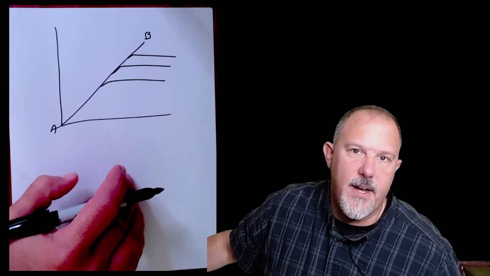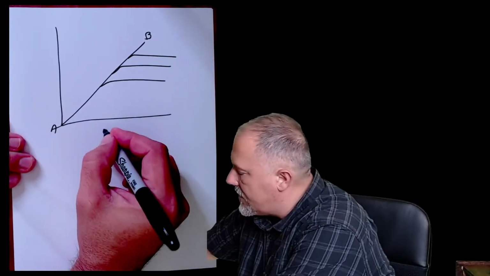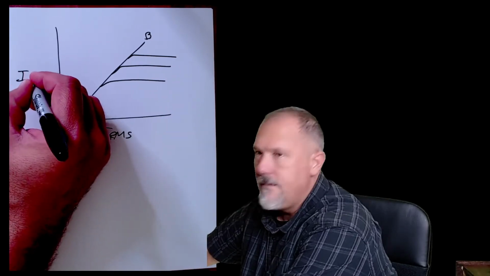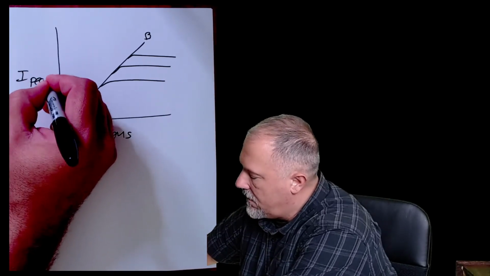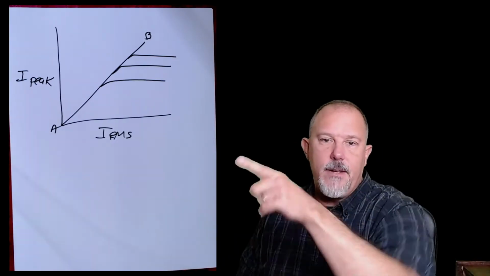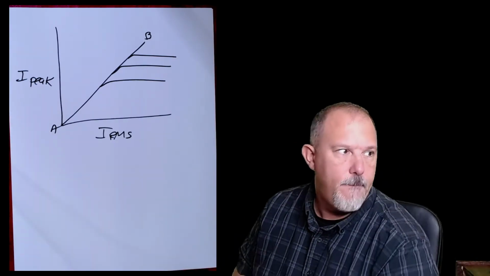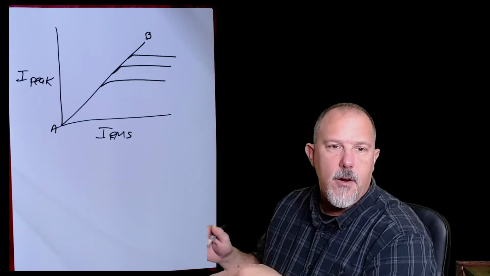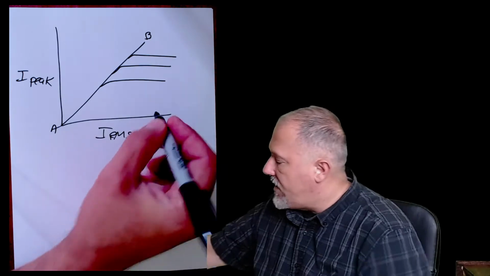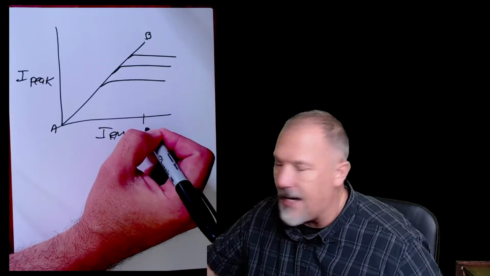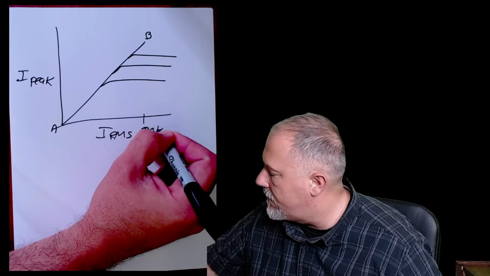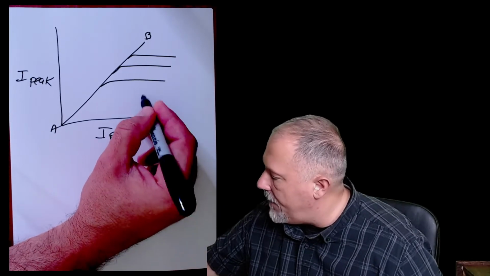I simplify, I jest. This is I RMS, and this is I peak. I'm going by memory. Hopefully I didn't screw that up. I know I've got people out there that will tell me when I screw it up. So I RMS versus I peak. And what we mean by up, over, down is we take the available fault current, say it's 80,000 amps, and we go up.